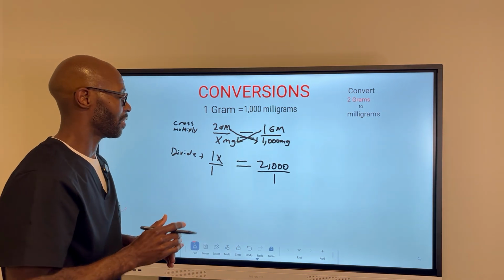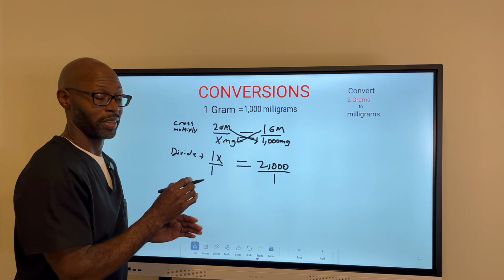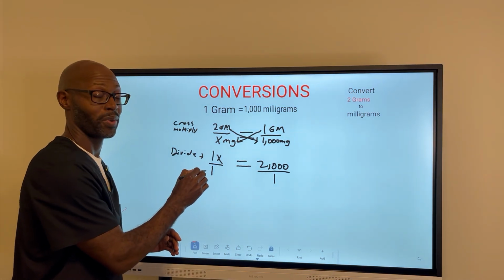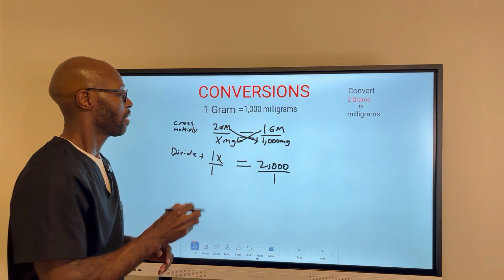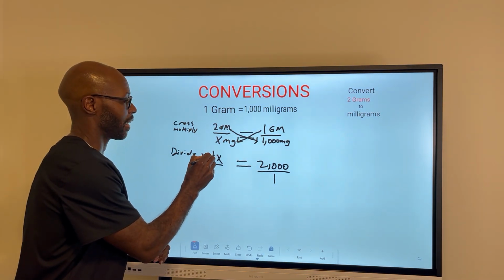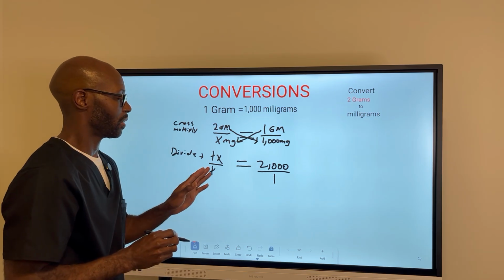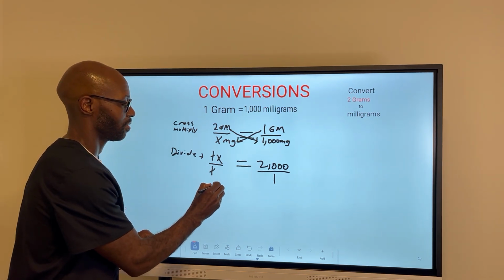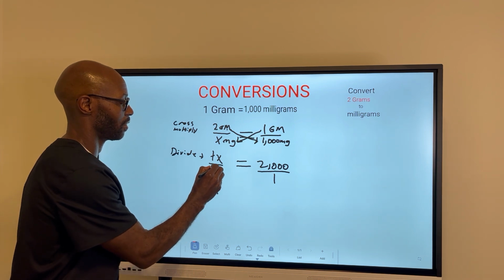Okay, all right, so now in this field, when we divide 1 by 1, they cancel out. So we're going to divide 1 by 1, and they cancel out. You're going to bring the x down. So those cancel out.